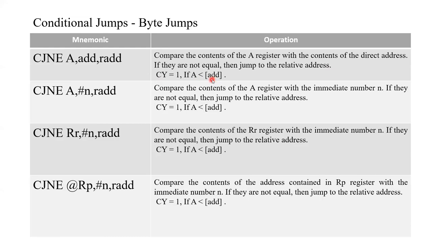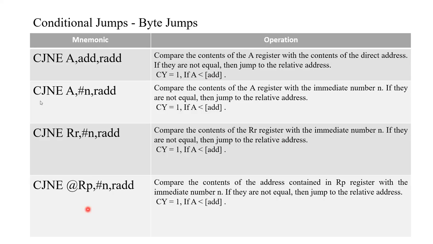In fact, I've explained how this instruction works for data transfer instructions. For finding the largest number, the smallest number, and arranging in ascending and descending order, we used this CJNE instruction, and how the carry flag is set, right?